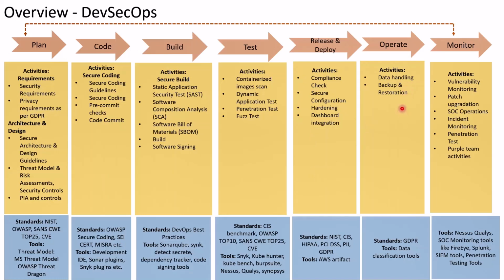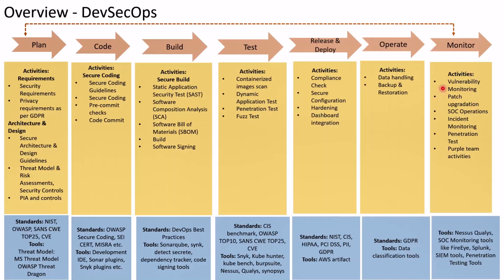Okay, operate phase: again data handling, backup, restoration. These aspects we need to execute. And again, based on GDPR, the data classification and data privacy tools we will use and execute the activity. Okay, monitoring phase.